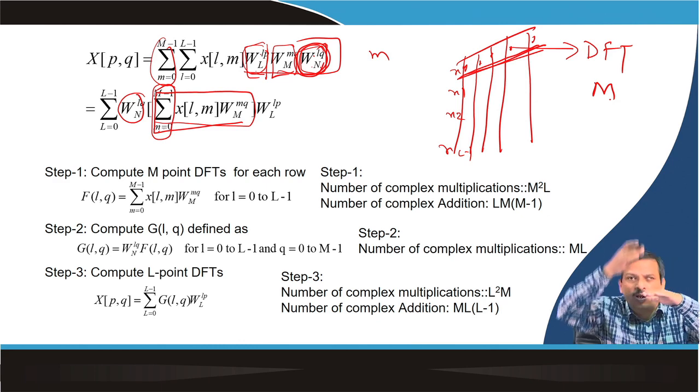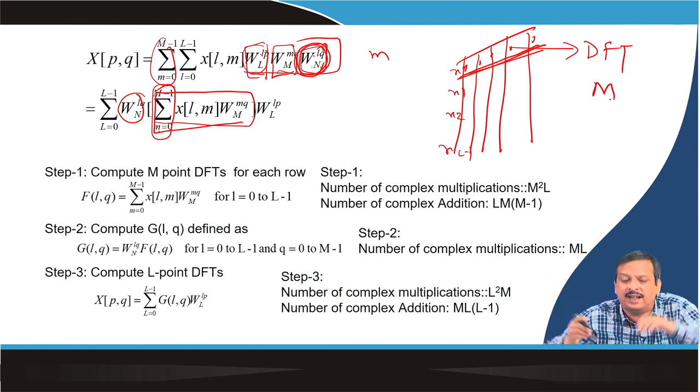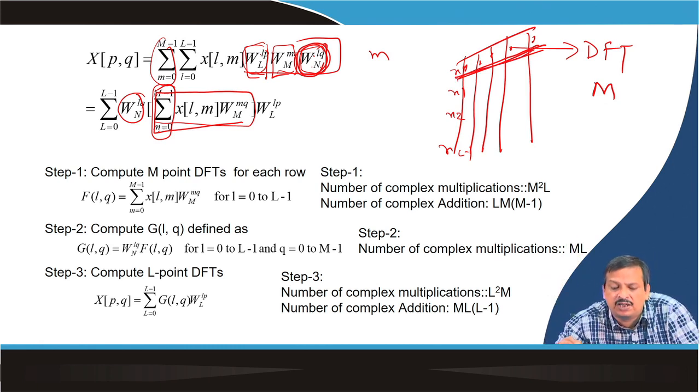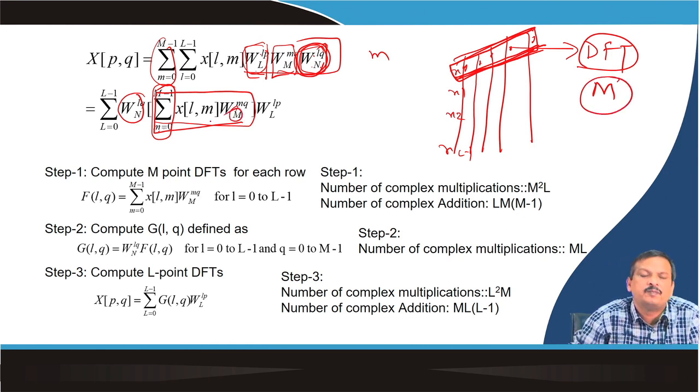Although I store the data column wise in a 2-dimensional array, now I compute the DFT row wise. So, I access one row of data and compute the discrete Fourier transform of order M.